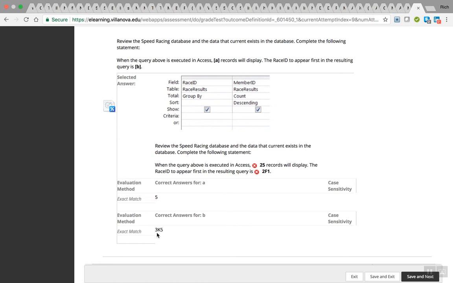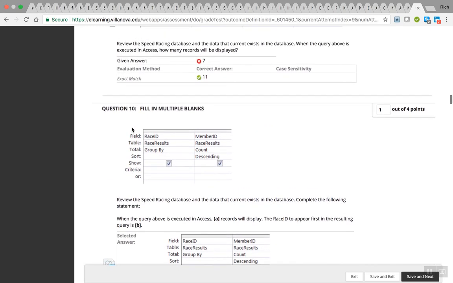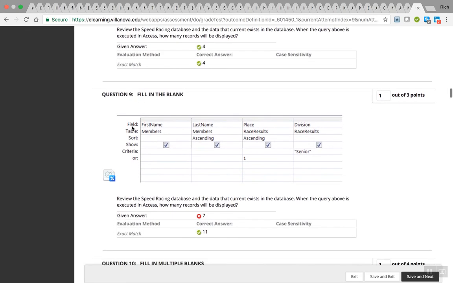One other thing to remember is our and and our or. In order for it to match, if you're using ands, everything has to match.